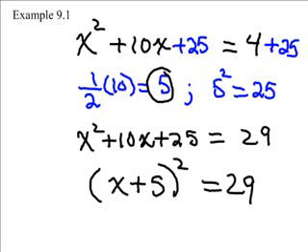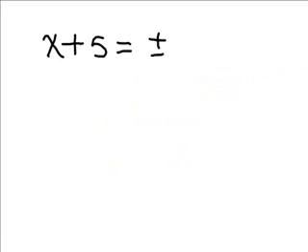I have something squared equal to 29, so whatever that something is has to equal plus or minus the square root of 29. So I have x plus 5 is equal to plus or minus the square root of 29.